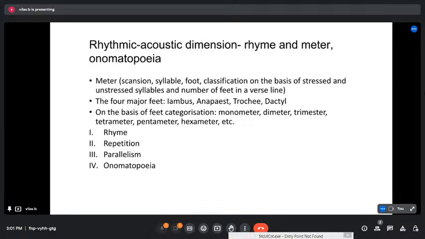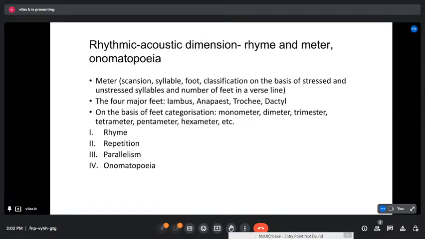Trimeter, tetrameter, pentameter, hexameter. You can continue with it, but generally these are the major categorization of feet.